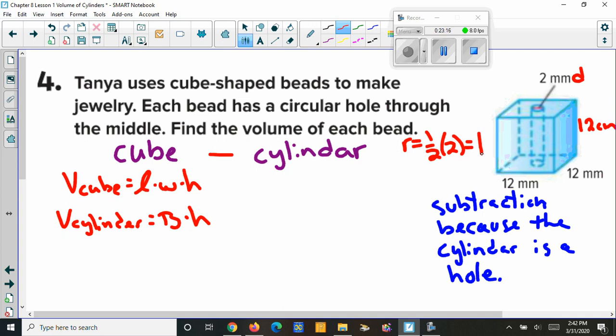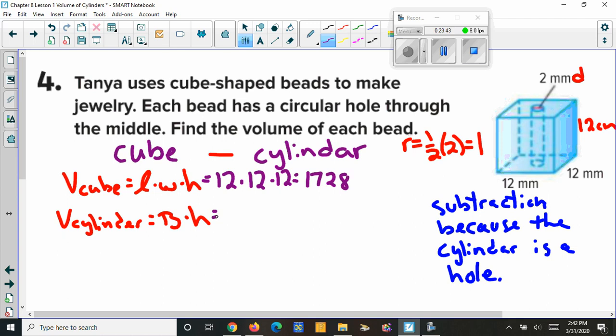And now we can start piecing together our problem. The cube, which is length times width times height, is 12 times 12 times 12. Which is 1,728.